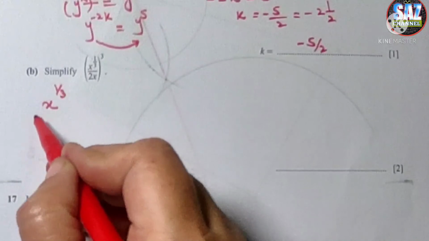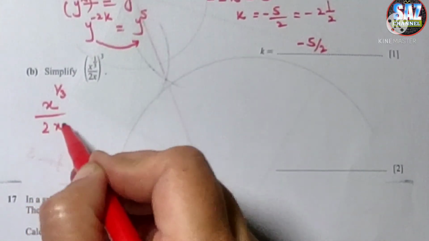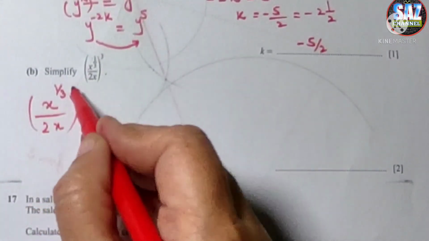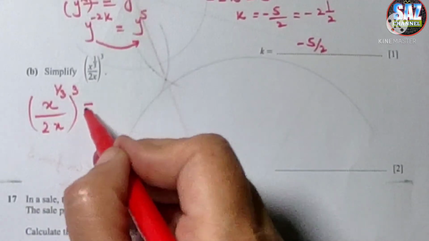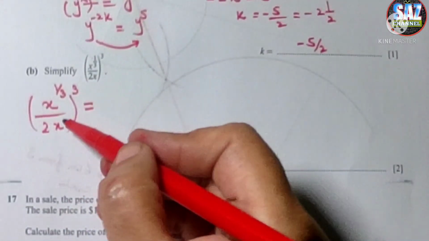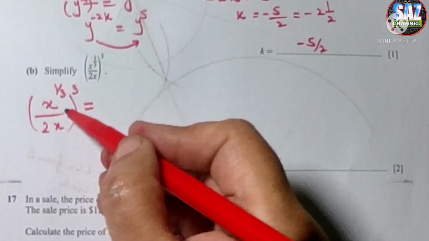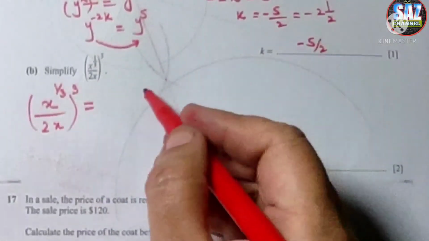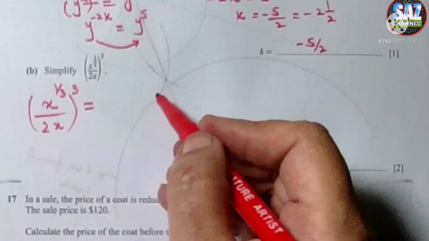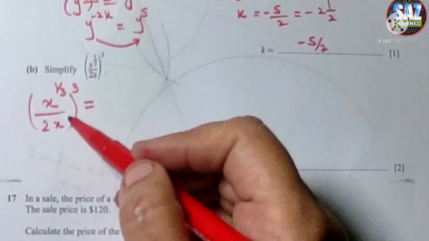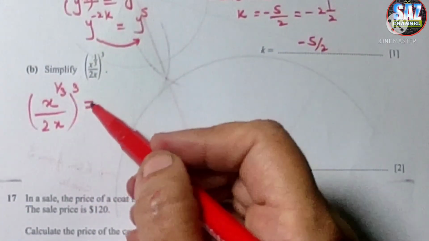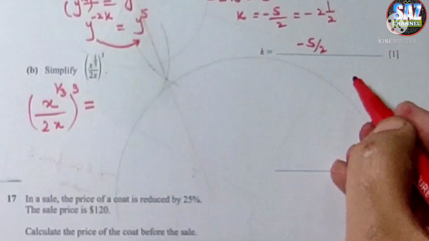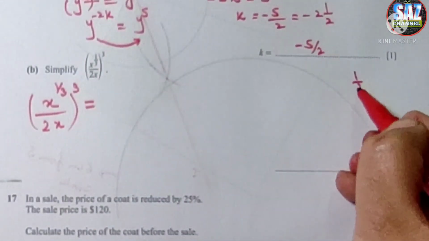Now there are two ways of solving this question. First, we can solve the bracket. We can apply laws of indices on x raised to power of 1 by 3 minus 1.